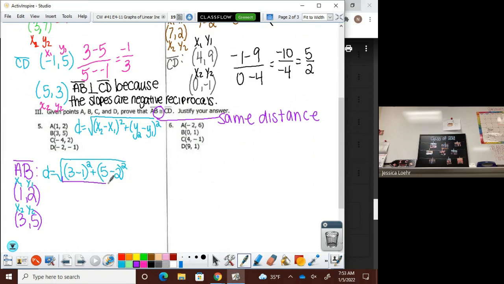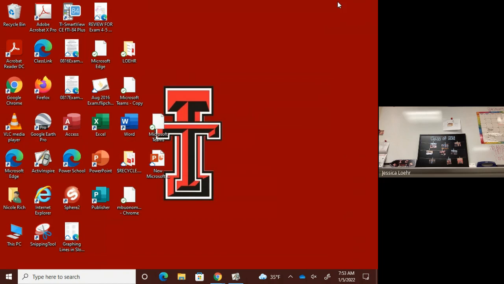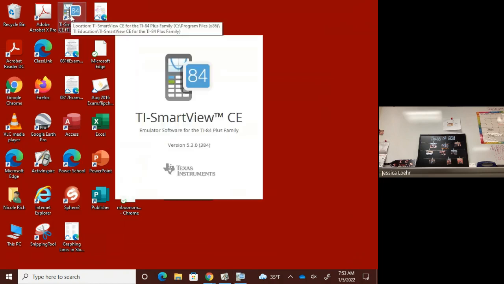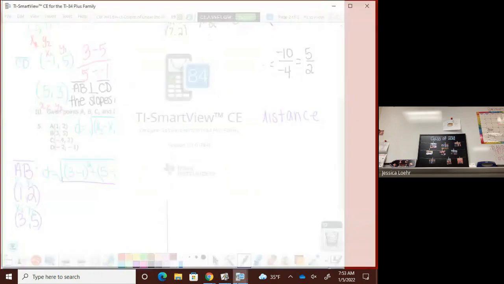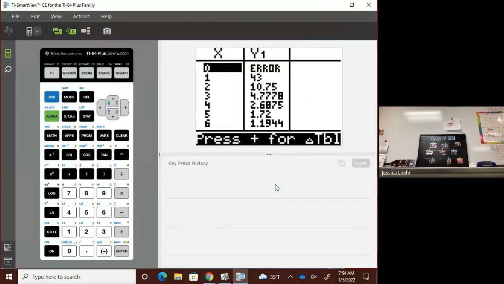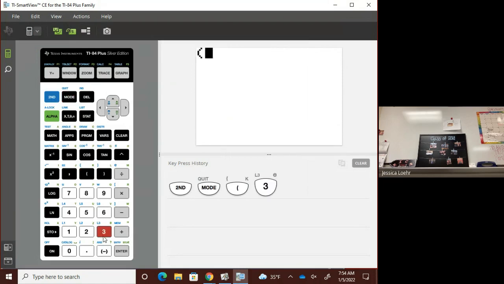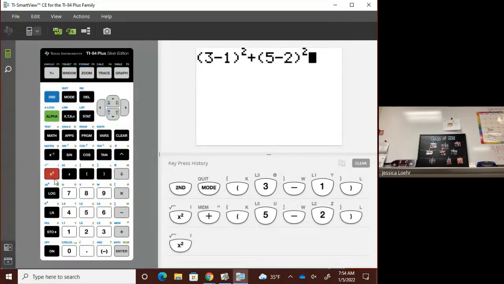You're going to plug everything underneath the radical into the calculator without the radical. You should get 13.